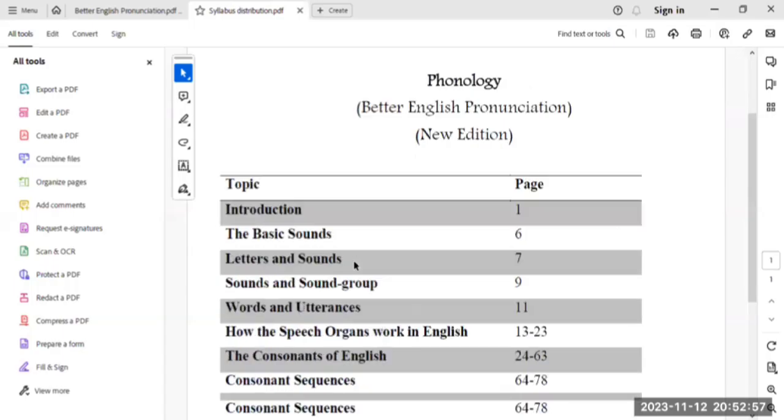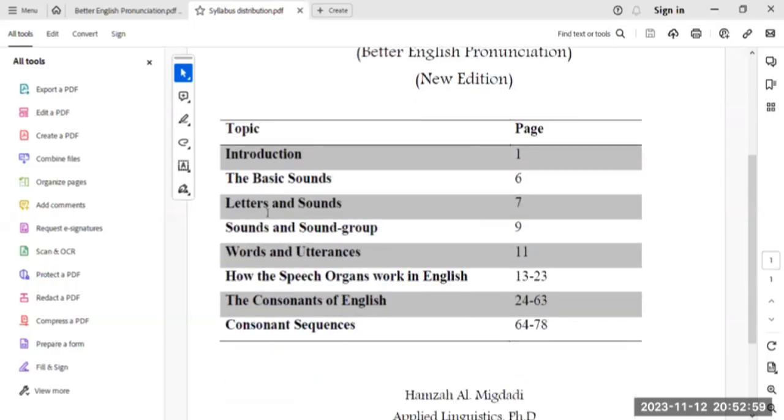Just a second. So: letters and sounds and sound groups, words and utterances, how the speech organs work in English. These are the topics.